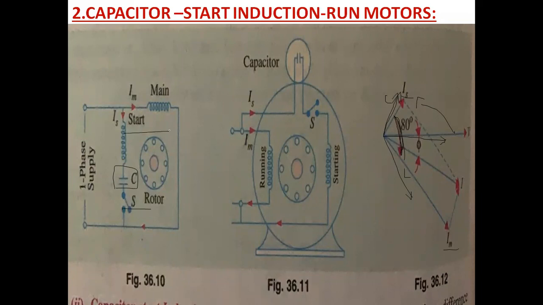What is our main aim? We have to start the induction motor. So in order to start the induction motor, we have to turn on the switch at the time of starting. After the machine attains 40 to 50% of the normal speed, we can remove the capacitance and the starting winding by opening the switch.